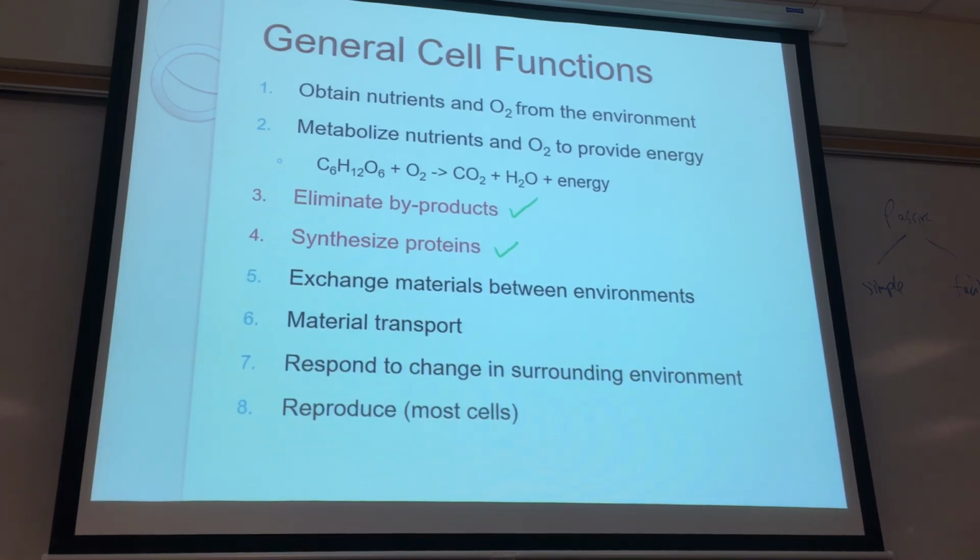And we've talked about the exchange of materials between the environments, ways to get things in and out of the cell through carriers, through channels, and so forth. We're going to go into more information about material transport later on. We've also talked about reproduction. So these pieces right here, we've talked about a good chunk of general cell functions.